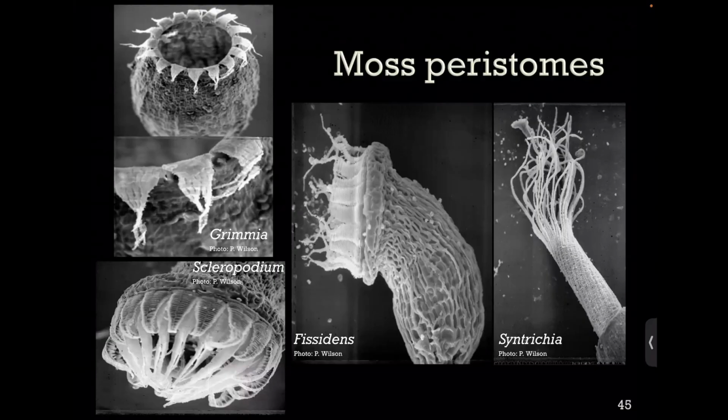So let's see, Grimmia, that's a haplolepidi, whereas Scleropodium, that's a pleurocarpy. Physidens, that's a haplolepidi. Centrichia, haplolepidi. But what these peristome teeth do is they tend to flex in and out or twist as there's changes in humidity. And so they reach in and grab spores and then pull them out and shed them into the air column.